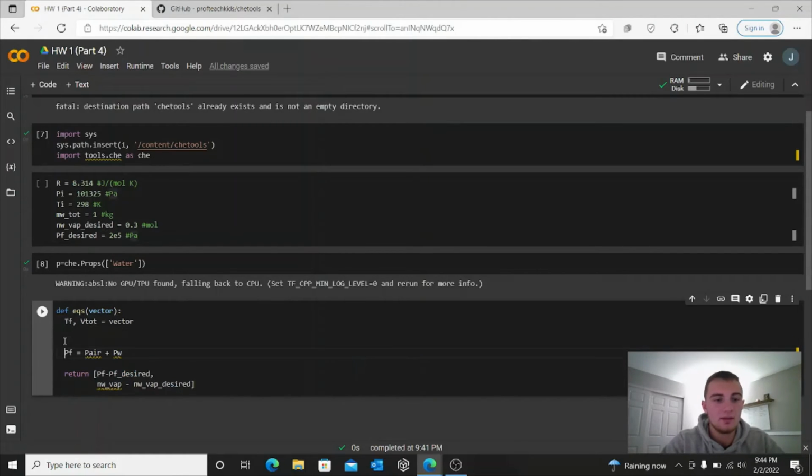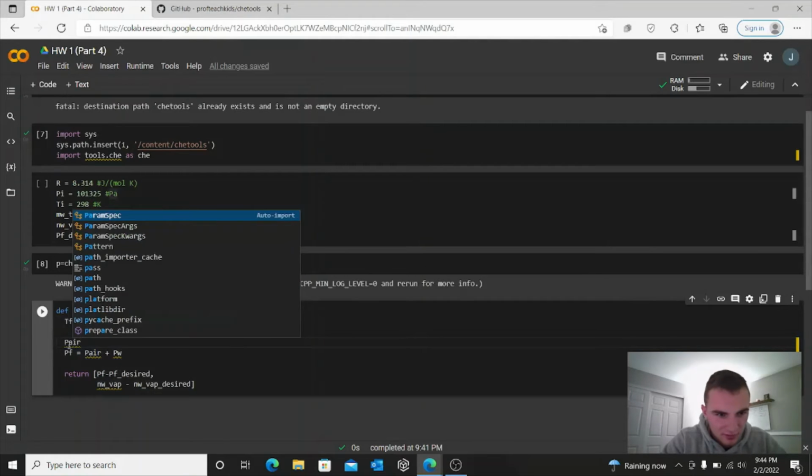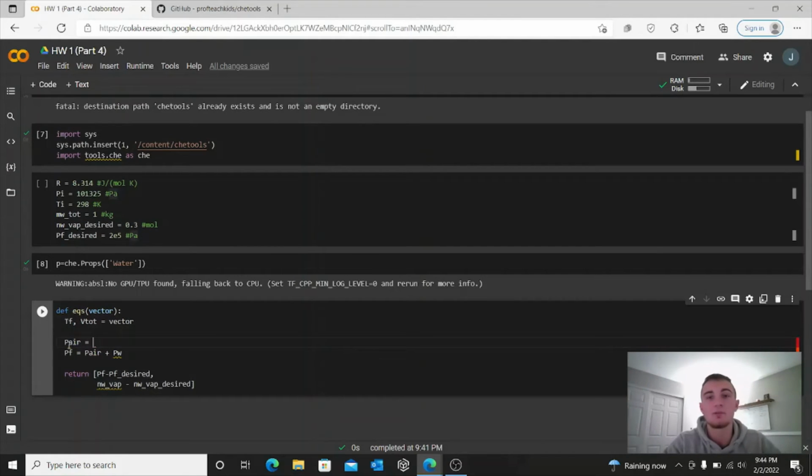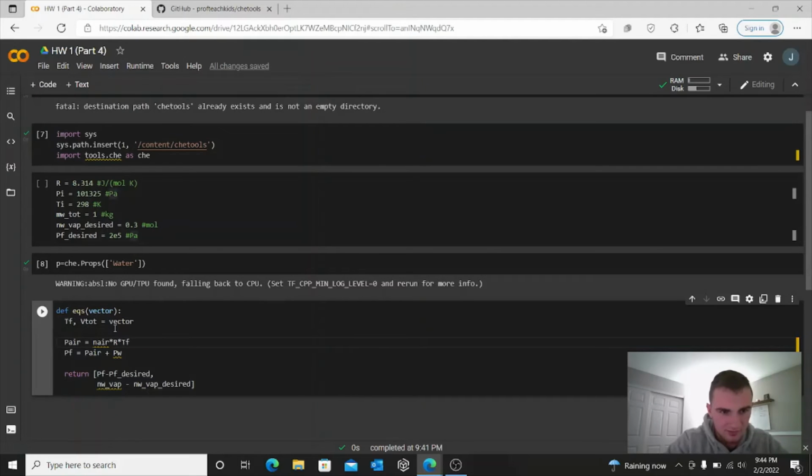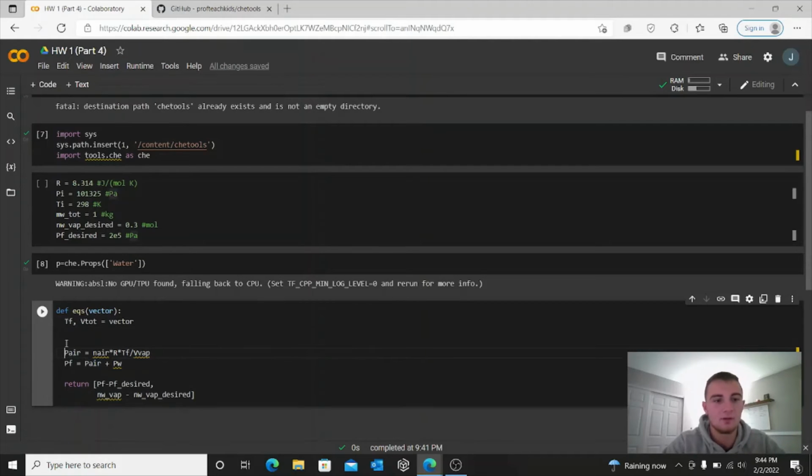Now, for the partial pressure of air, we used the ideal gas law. PV equals nRT. So the partial pressure of air equals the number of moles of air times the ideal gas constant R times the final temperature, divided by the volume of the vapor phase. Okay, so we have that.